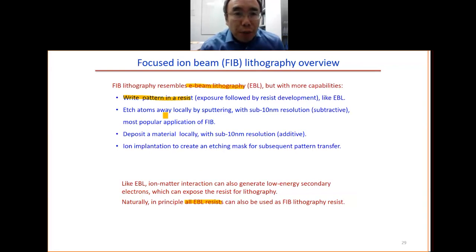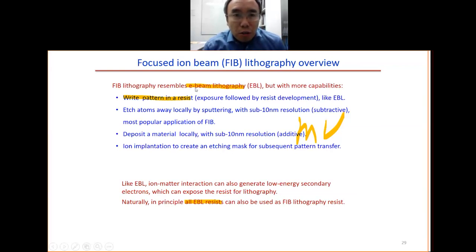The main difference between ion beam and electron beam is that for the ion beam, we have large momentum. You can sputter away the material. But for the electron beam, it's very difficult to sputter away the material. For the ion beam, we can also use it to deposit the material locally. We will see this later on. This is called ion beam induced deposition.